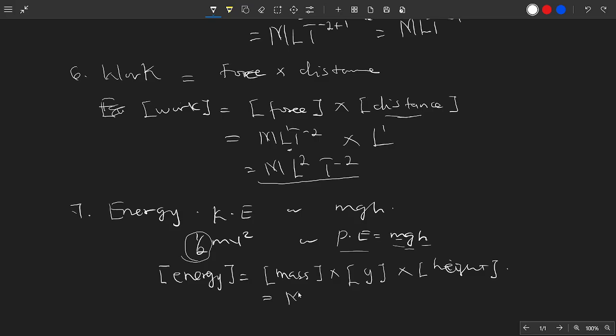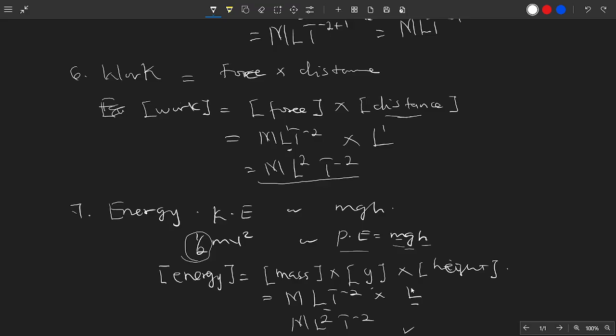So mass, capital M, acceleration is the same as L T negative 2. Then we have height, which is the same as the length, talking about distance. So what will we get here? Now we have M L, L. So L exponent 2, T negative 2. So this is the dimension of what? Energy.